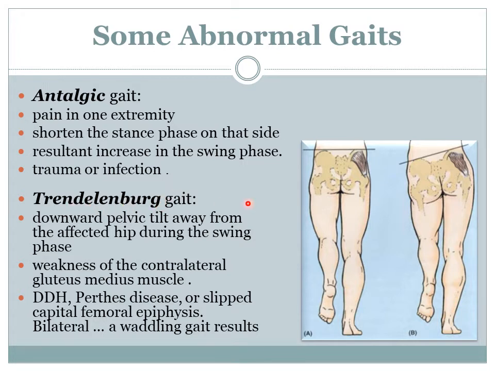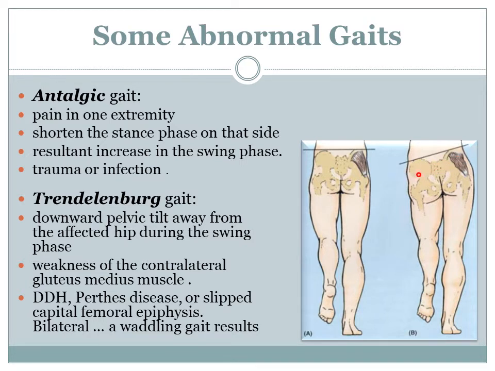the Trendelenburg gait. In Trendelenburg gait, there will be a downward pelvic tilt away from the affected hip during the swing phase. Whenever you stand on the affected hip, or it is the stance phase of the affected hip, the pelvis will tilt to the opposite side, as appears in this diagram.